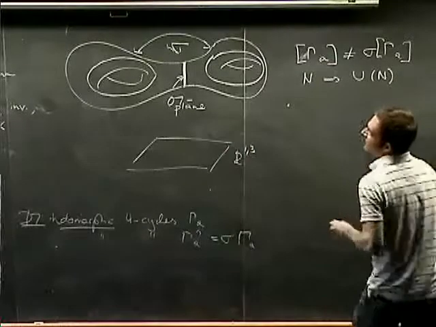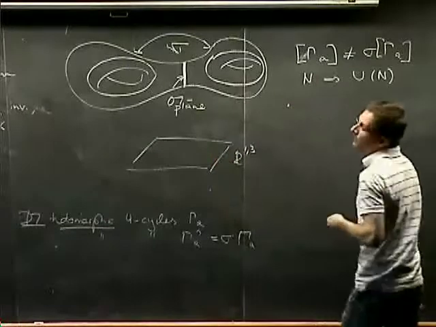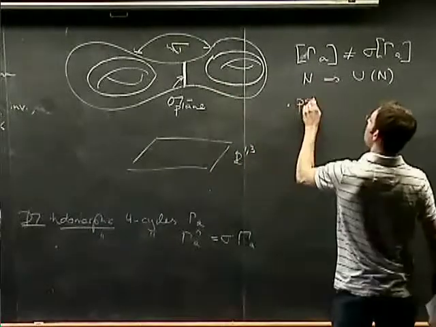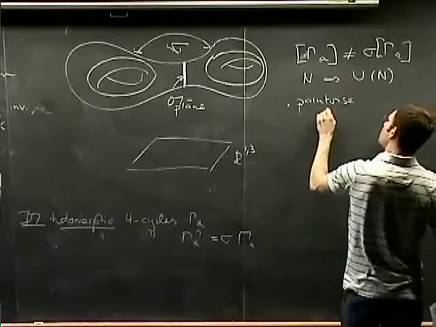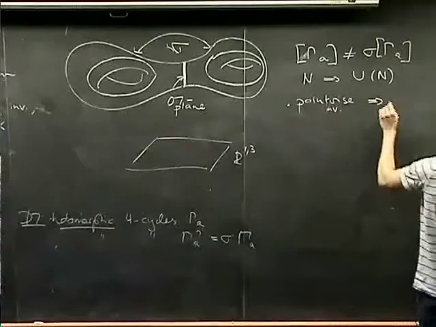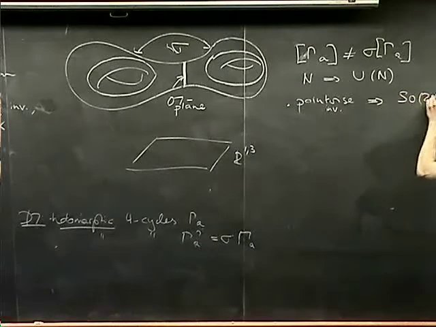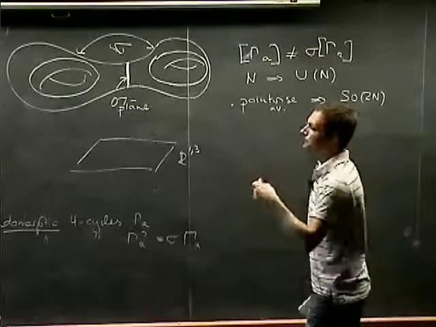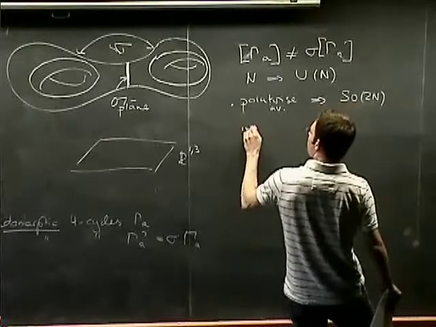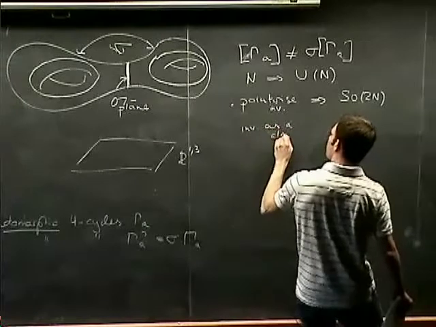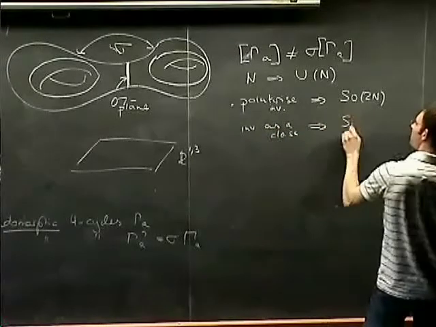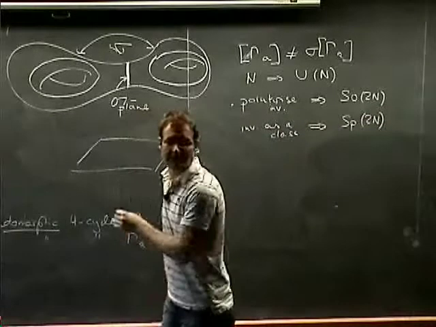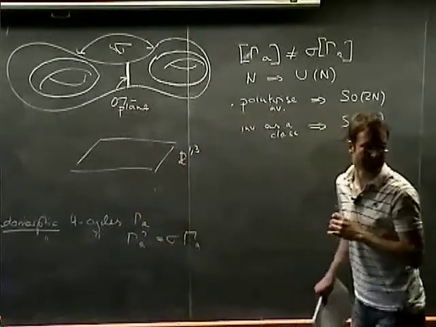If the cycle is pointwise invariant, then in general we get SO gauge groups. And if it's just invariant as a whole, but not pointwise, invariant only as a class, then roughly speaking we get SP gauge groups. But to determine the exact gauge groups depends on the details of the orientifold projection, and is in general a tricky business.